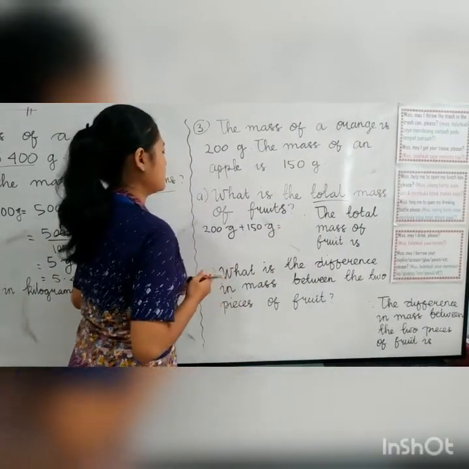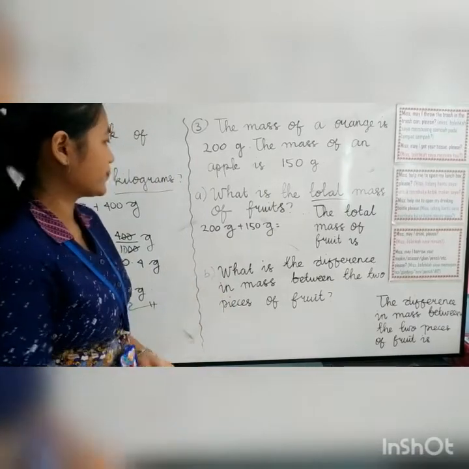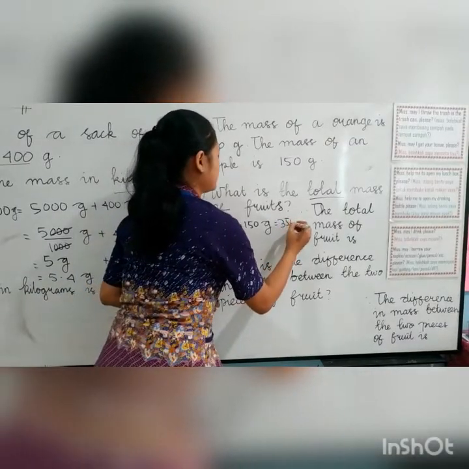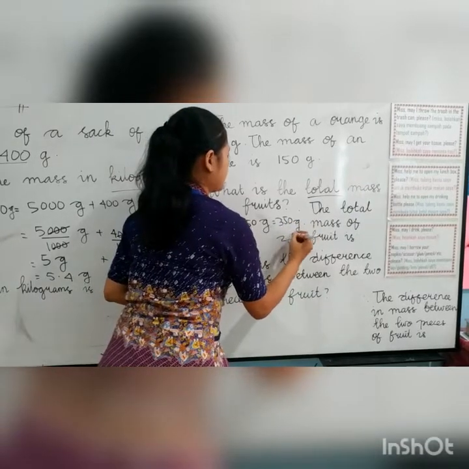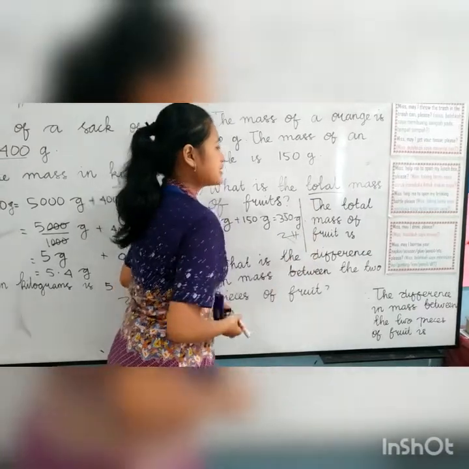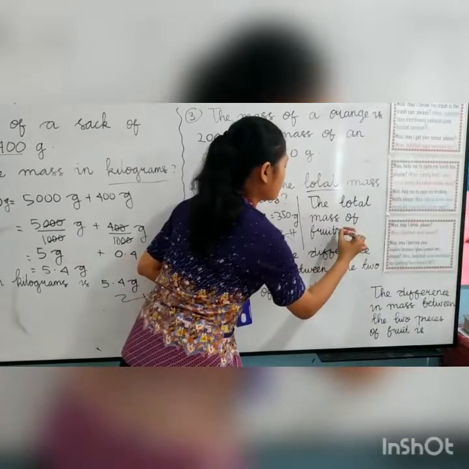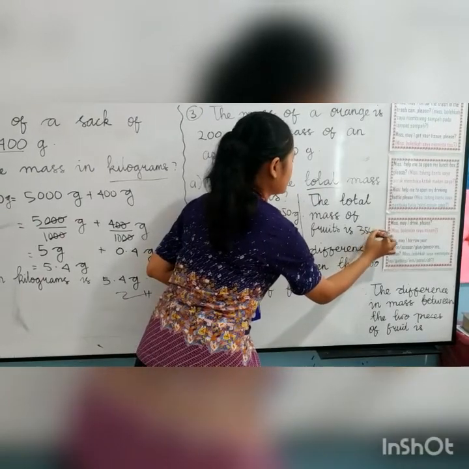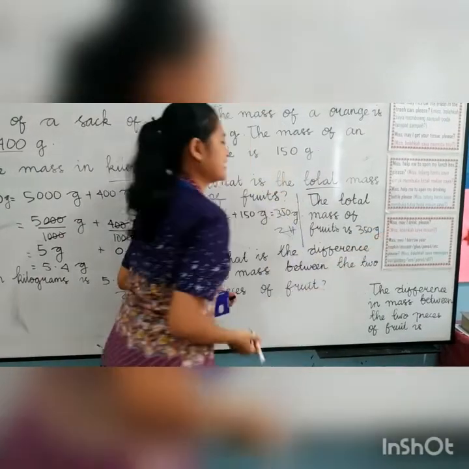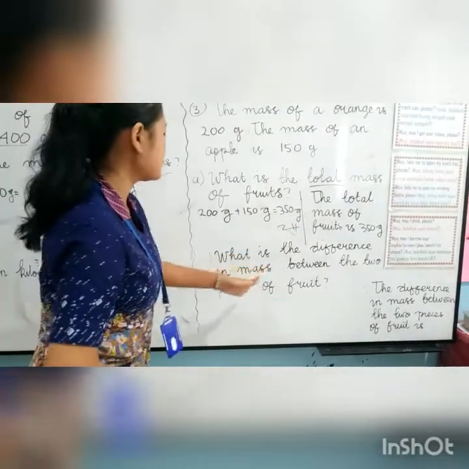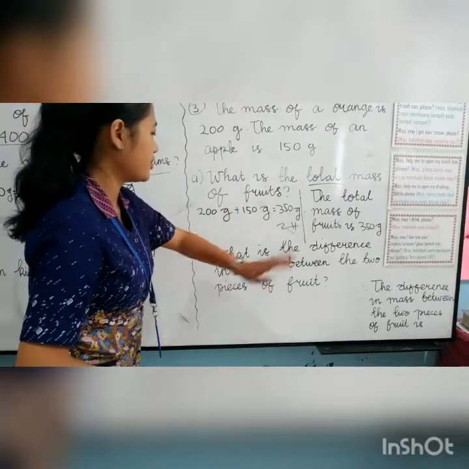So it will be equal to 350 grams. That's right. So the conclusion is the total mass of the fruits is 350 grams.